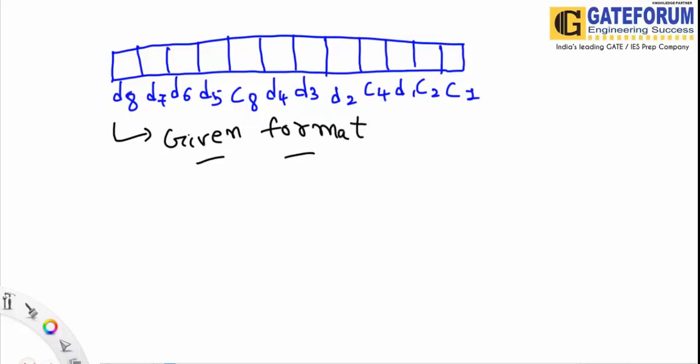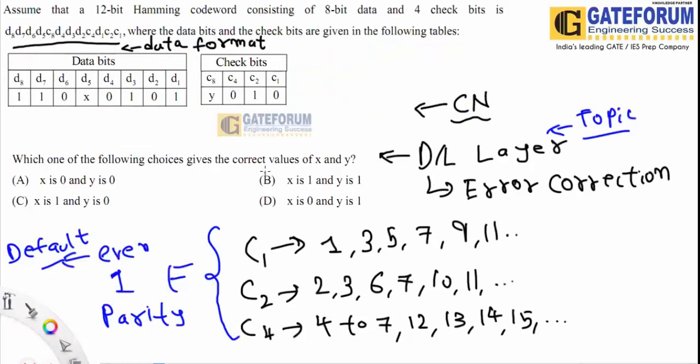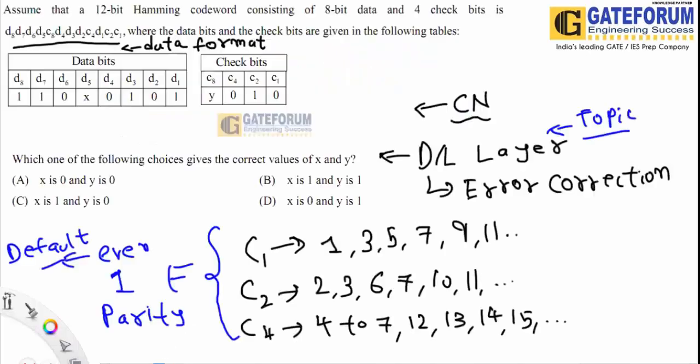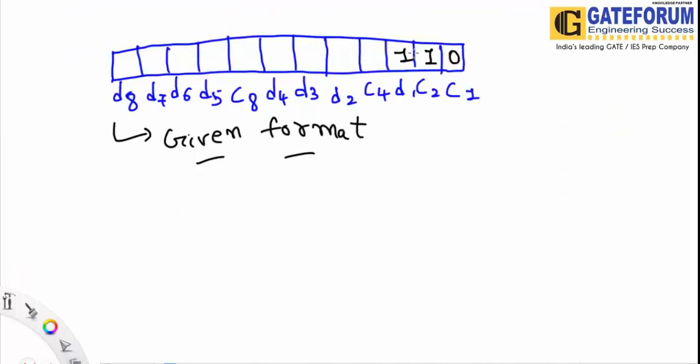Now, if we check the values of each and every specific data, you will find that C1 is having the value 0 and C2 is having the value of 1. We are just placing the data which is given inside the question. Then D1 is having 1 and C4 is having the value 0. Similarly, I am placing all the particular values.